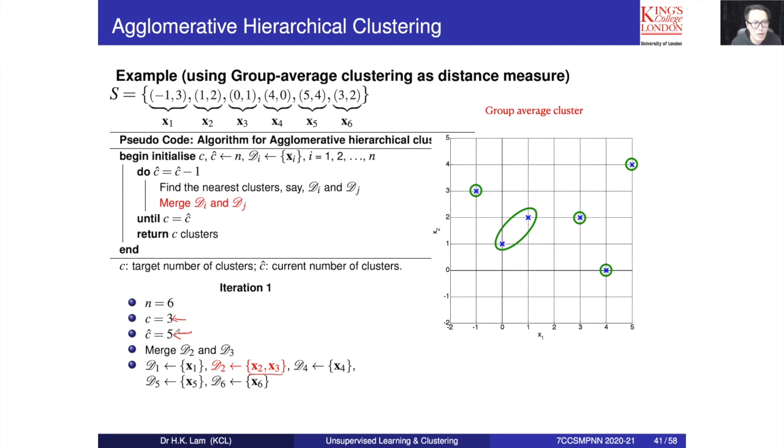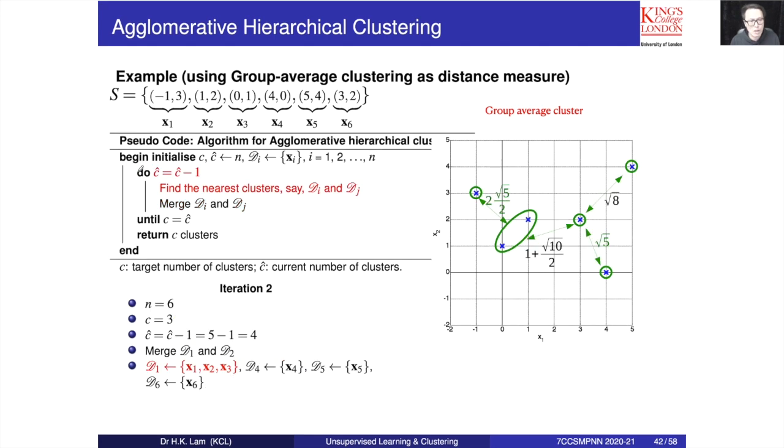Now we have 5, so we go back to the top and update C hat. C hat becomes 4, because when we go through this line, the number of clusters will be reduced from 5 to 4. Find the nearest distance, and we do the same thing.